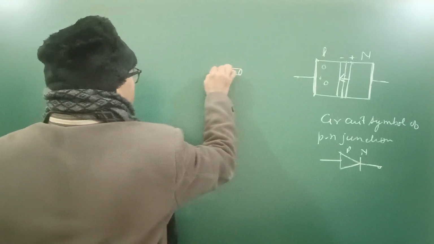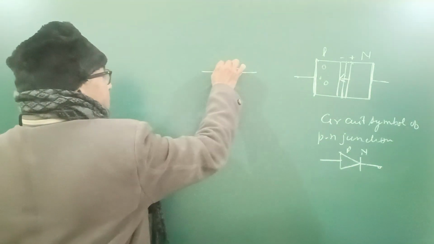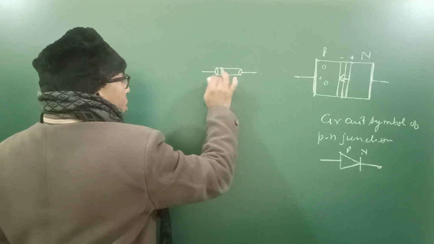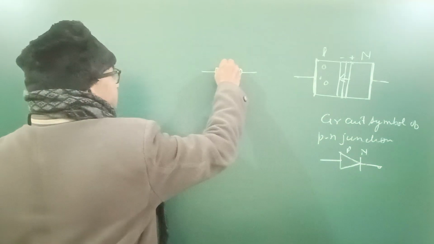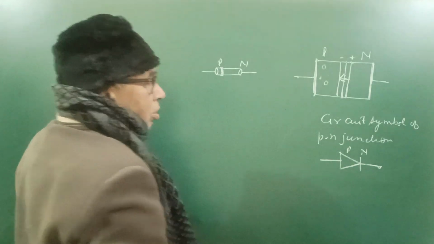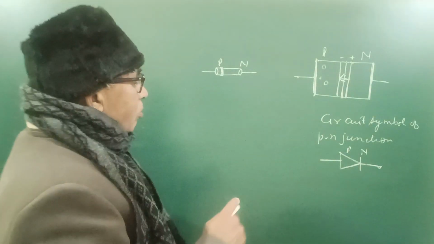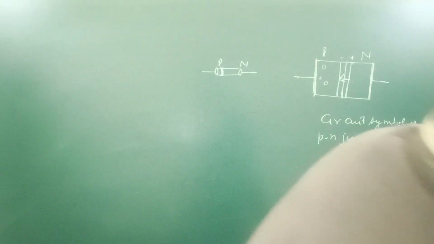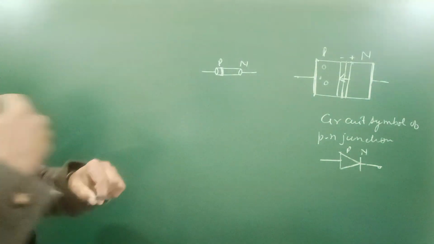Then how do we distinguish which side is the P region and which side is the N region? Here is a circular bright ring of some material. That bright ring shows which is the P region and which is the N region. So it is very small in size.